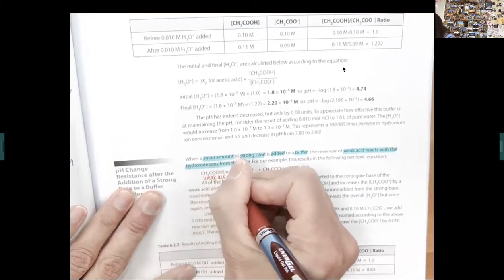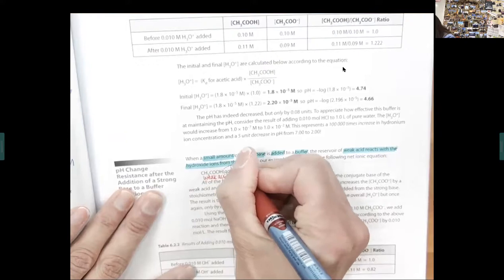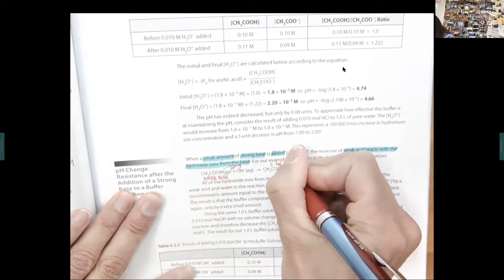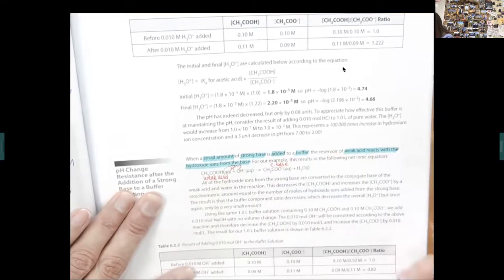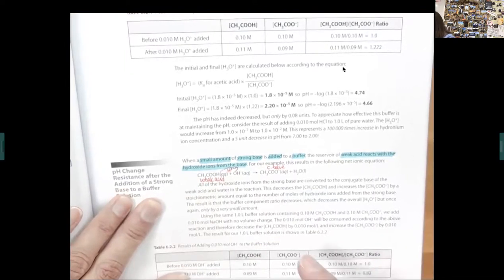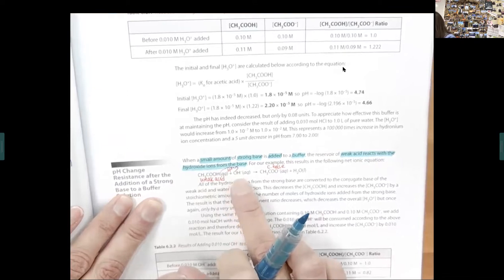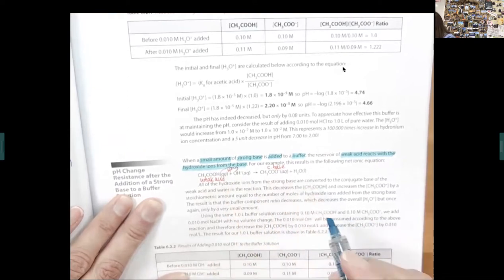Here's my weak acid. And a hydrogen is going to be given to the hydroxide, and you're going to form the conjugate base, which is the acetate ion, and water. So the conjugate base concentration is going to increase, and that weak acid concentration is going to decrease as all of this hydroxide is converted to conjugate base and water.